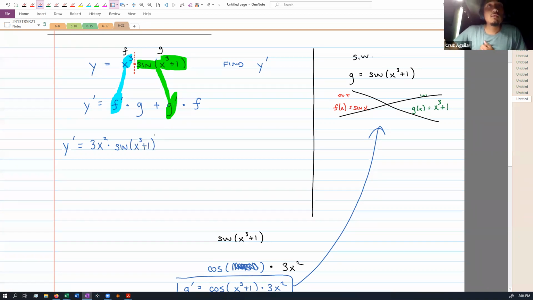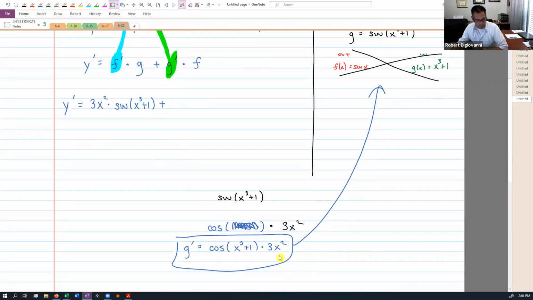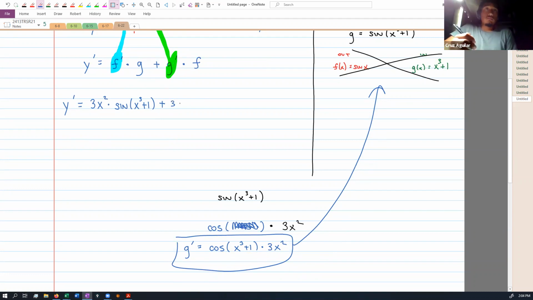And then you're going to add that to the derivative of g, which we found over here. I'm going to put the 3x squared in front of the cosine if you don't mind, Cruz. That's fine. So I'm just going to move that 3x squared out front. So there's your g prime.